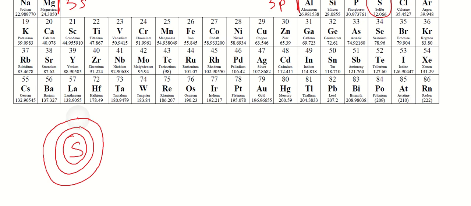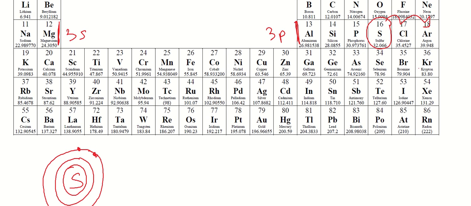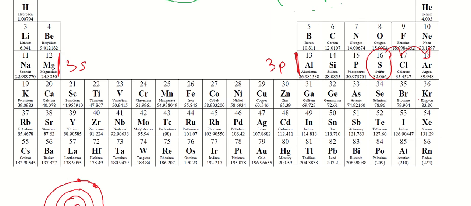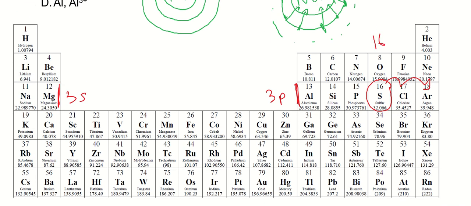It's going to have 2 in the 3s orbital, and then 4 in the 3p orbitals. So it's going to have 6 valence electrons. We already know that also because it's group 16. That second digit will tell you the number of valence electrons.